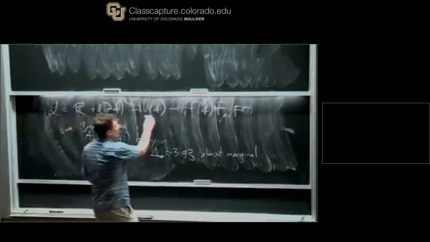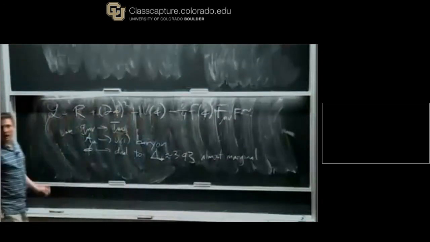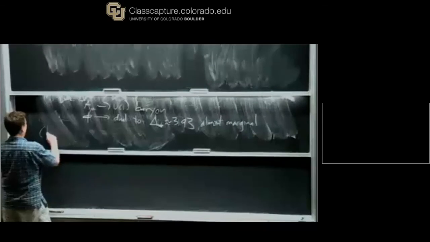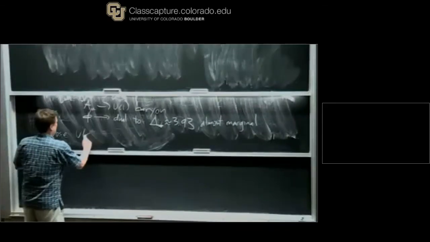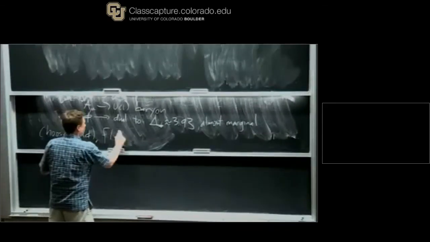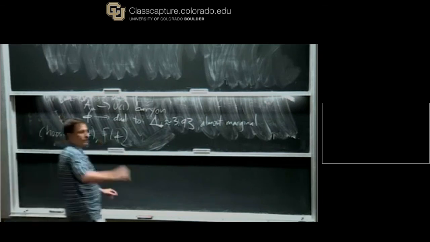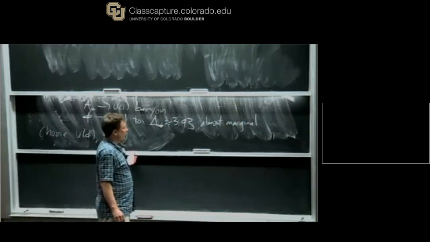Meanwhile, I have this function of the scalar and this function of the scalar, and this is a bottom-up model. They could be anything at all. What I'm going to do is choose just some function that I like. I'm going to end up with some sums of exponentials, coshs and 1 over coshs. Yeah, question? Why which particular number?